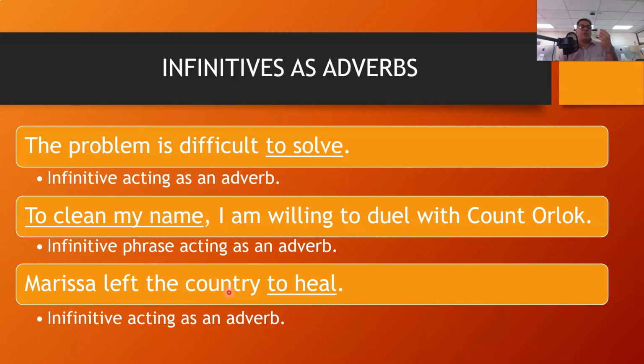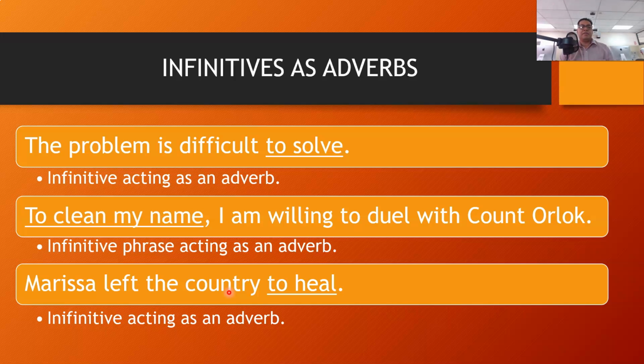Granted, we only have two prepositions that allow us to have infinitives as objects, and those are but and except. Other than those two prepositions, we are not going to have infinitives acting as objects of prepositions, okay? For the rest of the prepositions, I repeat, we cannot say that an infinitive is the object of a preposition. Only for but when it means except, and of course the preposition except.